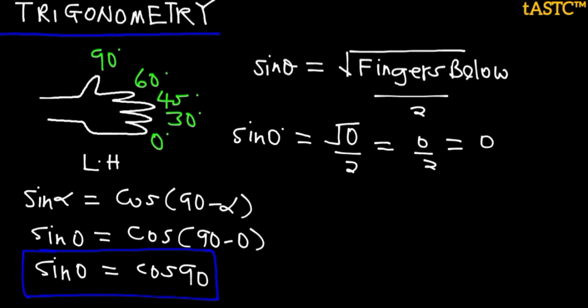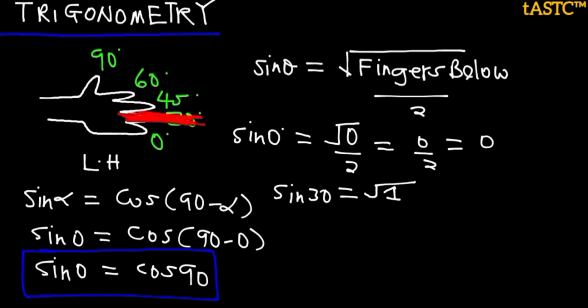Now the next stuff we want to work out is sine 30 degree. So for this sine 30, I need to cancel this or fold the finger. And so if you folded this finger, you're going to see that there is one finger below the finger of 30 degree. And the formula, of course, is square root of the fingers below divided by 2.